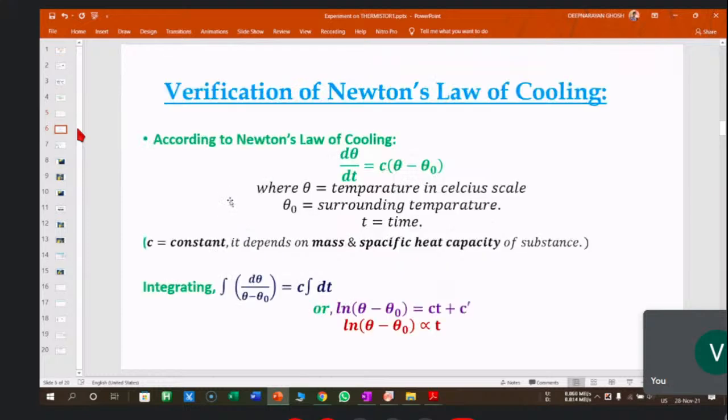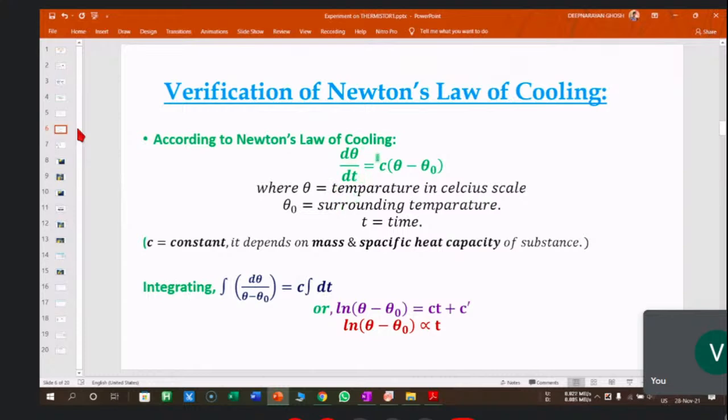To verify Newton's law of cooling, we know that according to it, the rate of cooling is proportional to the temperature difference between the surrounding and the substance. Here theta is temperature and t is time.